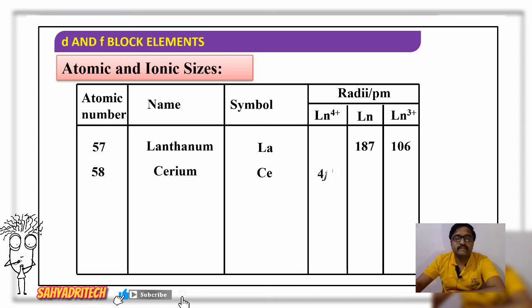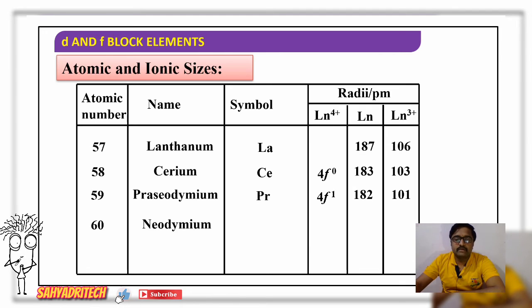58, cerium, Ce. In the +4 state there is no f electron. Its atomic radius is 183 picometer and its ionic radius in the +3 oxidation state is 103 picometer. Atomic number 59, praseodymium, Pr, 4f1 configuration, atomic radius 182 picometer and ionic radius 101 picometer.